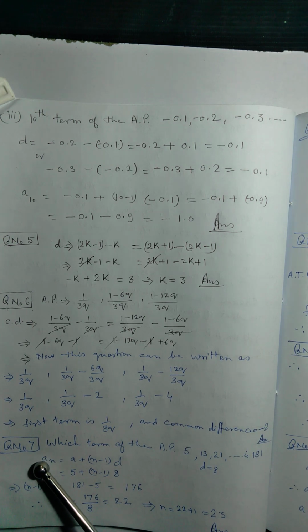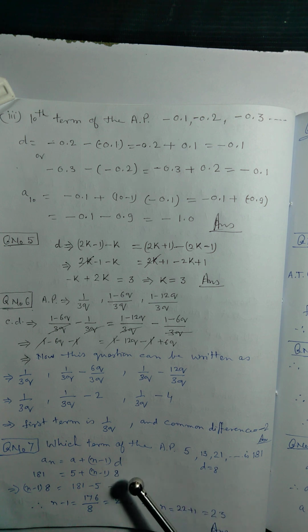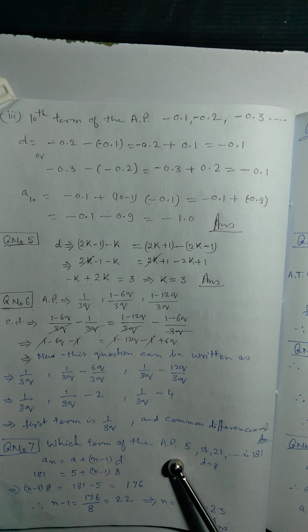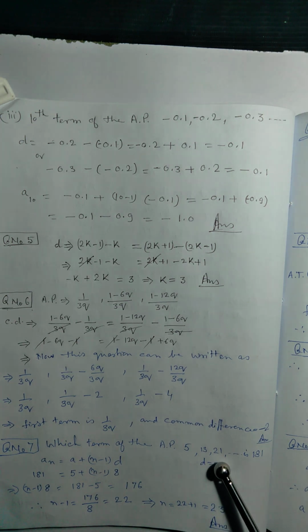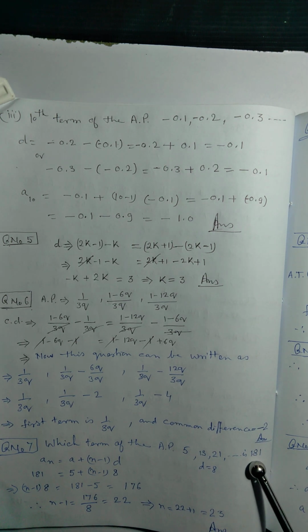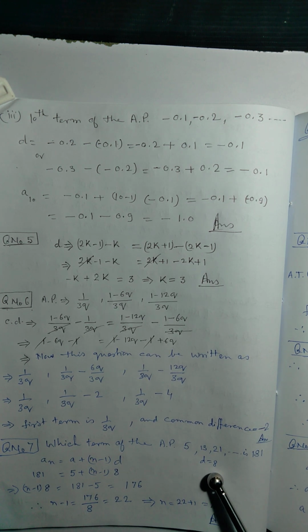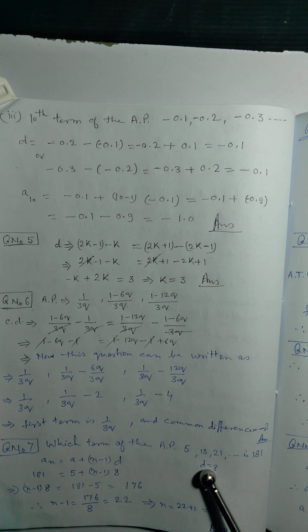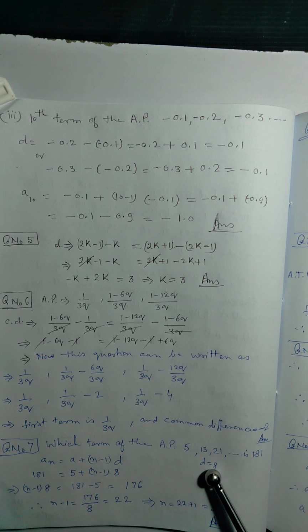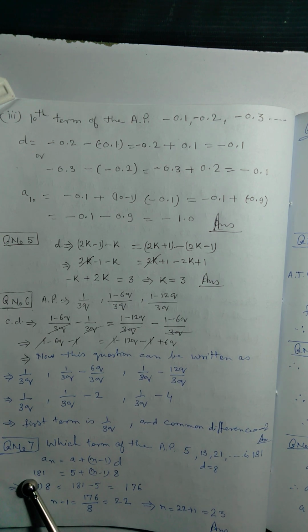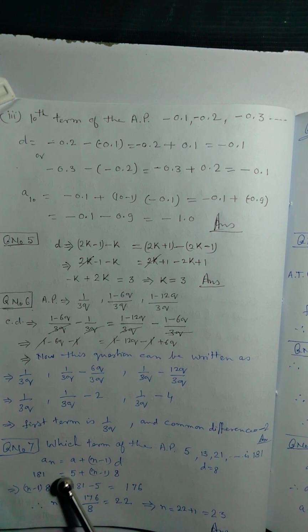Now proceed to question number 7. Which term of the AP 5, 13, 21 is 181? Here the common difference D will be equal to 13 minus 5, which is 8, or 21 minus 13, which also gives 8. We have to find the number of terms whose value is given, that is 181.